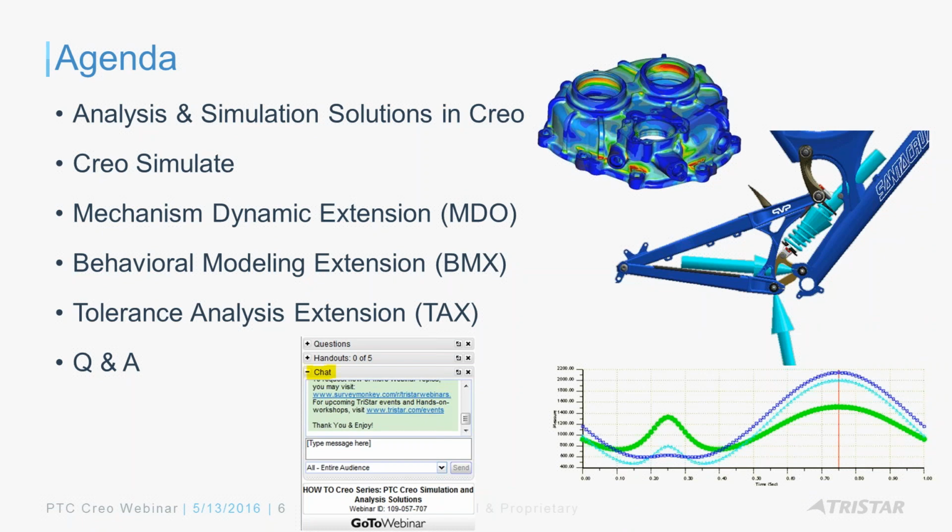Once you're done with your CAD model, it's very important that you start engineering the product. So not just testing the performance, but also maybe you might have a mechanism, or you might have a part that you need to do some design iterations for optimization. Or you might want to just do a quick tolerance stack-up analysis. So those are the things that I'm planning to cover in the next 30 minutes or so.